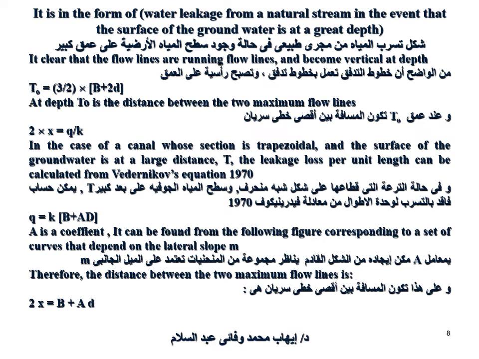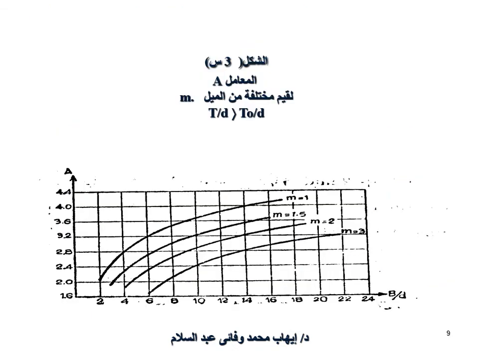A capital is a coefficient. It can be found from the following figure corresponding to a set of curves that depend on the lateral slope m. Therefore, the distance between the maximum flow lines is 2x equals B plus A multiplied by D.